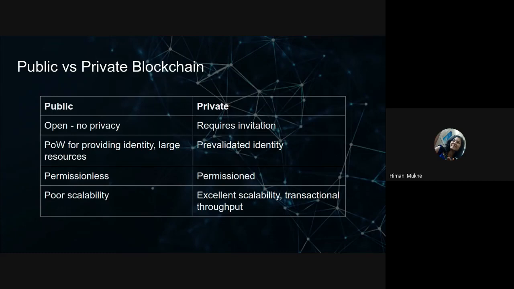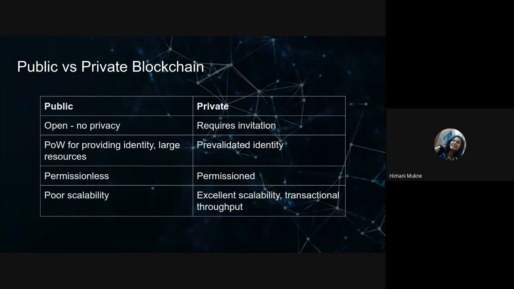The next major difference that we see in public and private is that public uses the proof of work consensus algorithm for proving the identity. Every participant has to solve a hash to prove their identity, and that takes up large resources. Whereas in a private blockchain, the identity is pre-validated, so you don't really have to solve huge hashes, and you don't really have to waste your organization's resources.